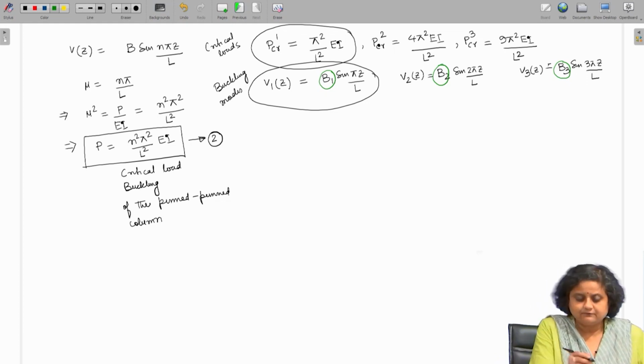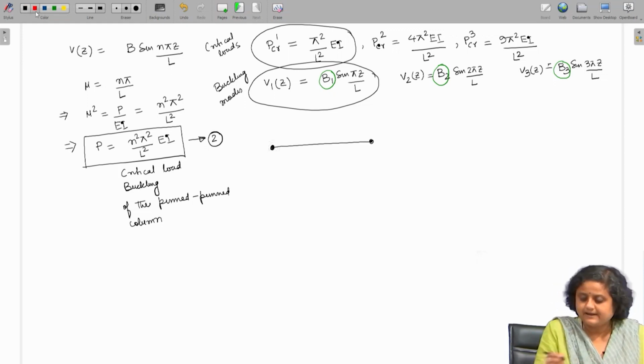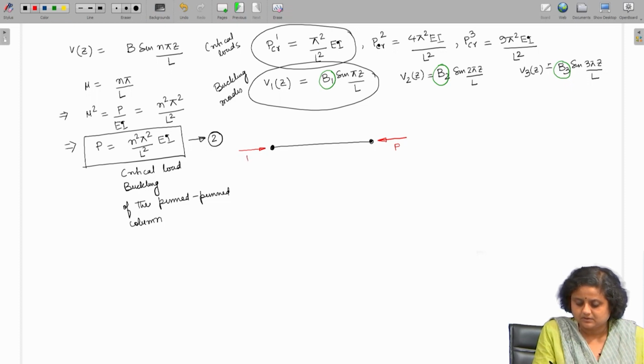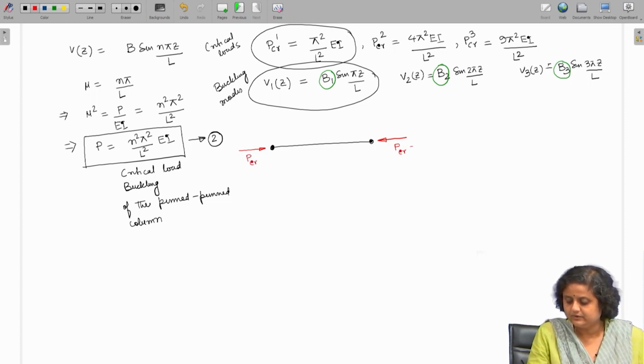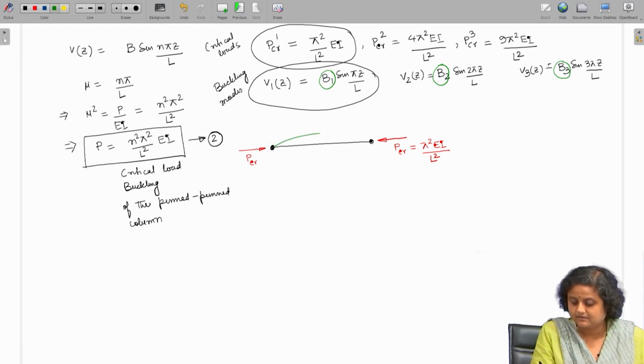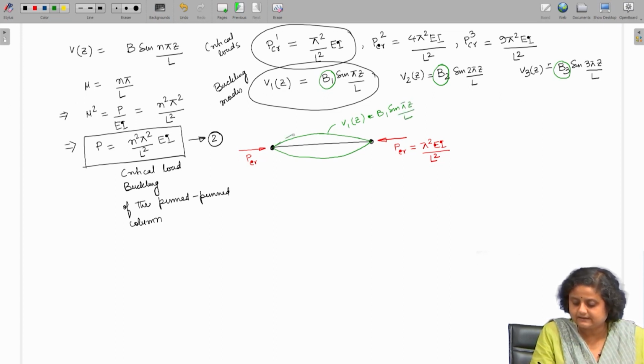Now, what will happen? If I have a pin column and I apply the first critical buckling load P critical, which is pi square E I by L square, then the deformed shape is going to be governed by V1 Z, which is B1 sine pi Z by L. So, any of these is an acceptable deformed shape.